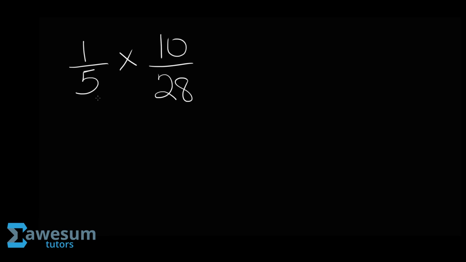All right, let's try to solve this problem right here. 1 over 5 times 10 over 28. You will realize that 5 can divide 5. 5 can also divide 10. So I can say 5 in 5 is 1. 5 in 10 is 2.